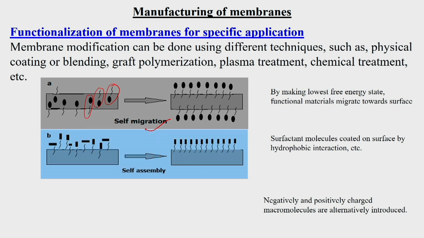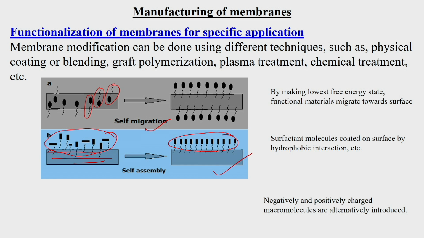Another method is called self assembly, where surfactant molecules are coated on the surface by hydrophobic interaction. Suppose this is the polymeric membrane and these are all surfactants; if these are coated on the top of the polymeric membrane, due to their hydrophobic interaction, these will be oriented in a regular fashion, and it has a particular application like this.